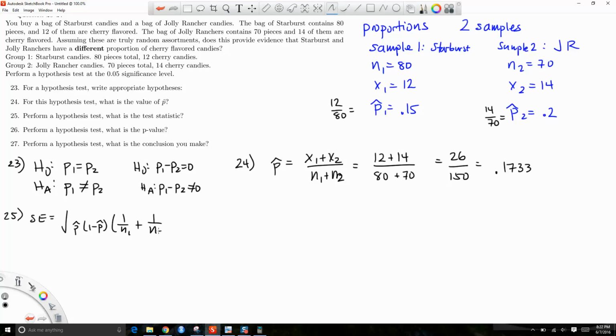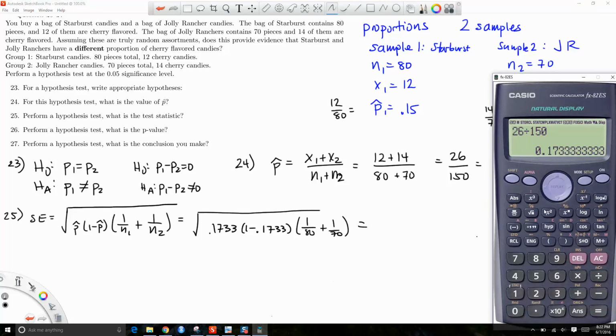This is all written on the formula sheet, or if you want to memorize it, that's fine too. Plugging in our values, 0.1733 times 1 minus 0.1733 times 1 over 80 plus 1 over 70.